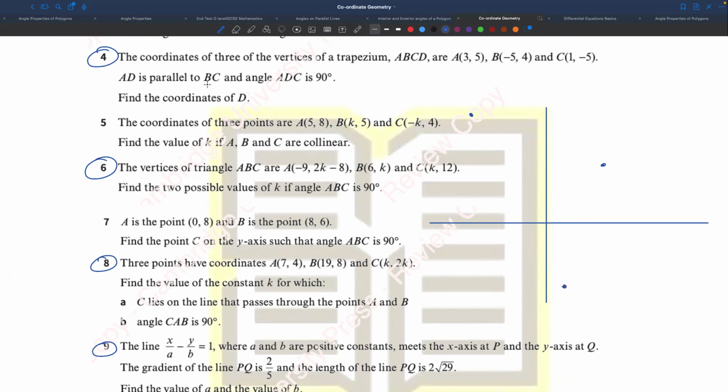It says AD is parallel to BC. It means, let's say the coordinates of D are not given, but they will be what? Angle ADC. So first of all, let's go step by step. This is A, this is B, this is C. ADC is 90 degrees. Where will D be? And AD is parallel to BC, so D will be somewhere over here.